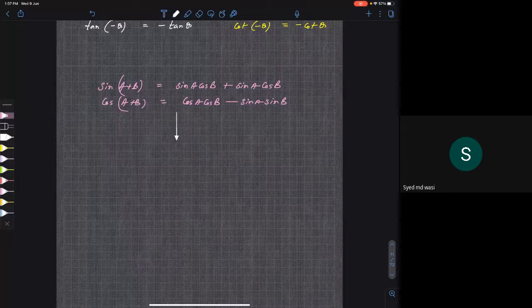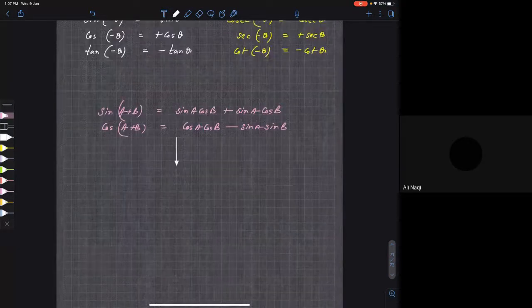I'm still not clear why theta is not negative in second quadrant or third quadrant. You said that minus theta lies in fourth quadrant. So why can't minus theta lie in second quadrant or third quadrant? I have shown you in the example, right?